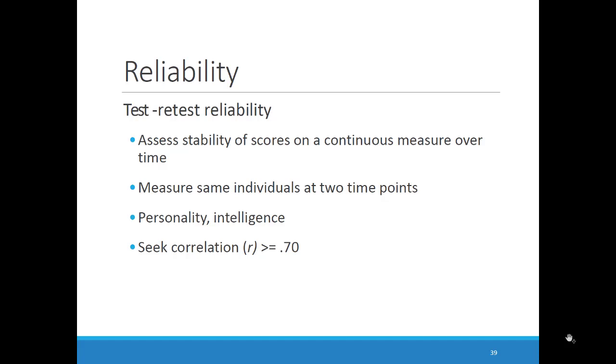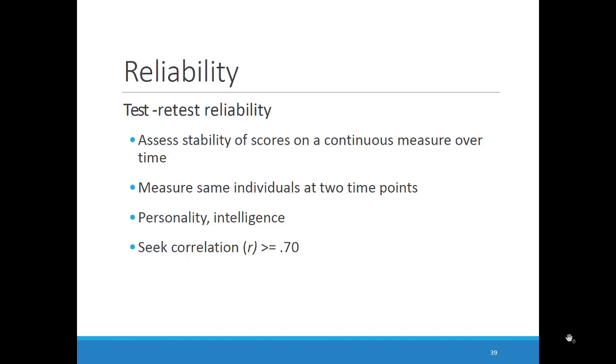But in IO psychology, we're not really concerned with weight as much as we are with things that will affect workers and the workplace. So 2 examples of something that we might assess retest reliability for are personality and intelligence. For both of these things, they tend to be fairly stable.